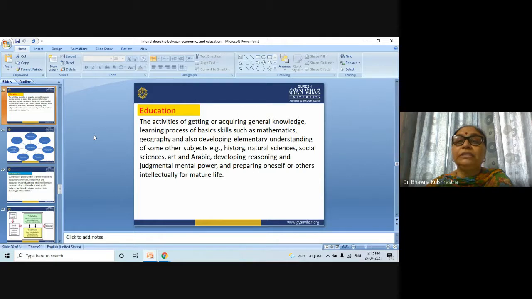People that are educated in an educational style will behave corresponding to the educational goals introduced by the educational system, and this creates social capital. Social capital is an informal norm that promotes cooperation between two or more individuals.